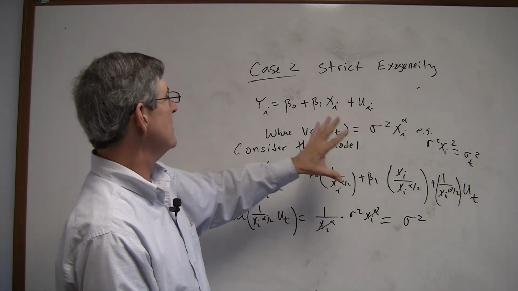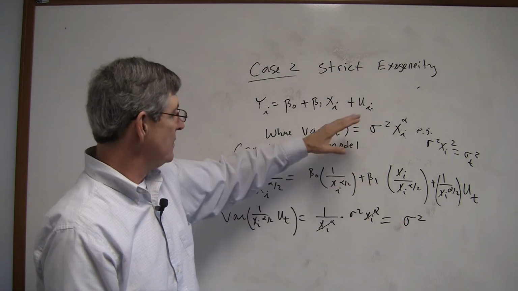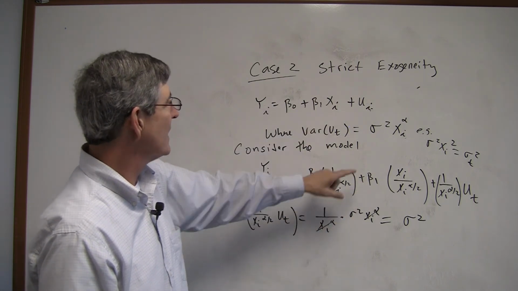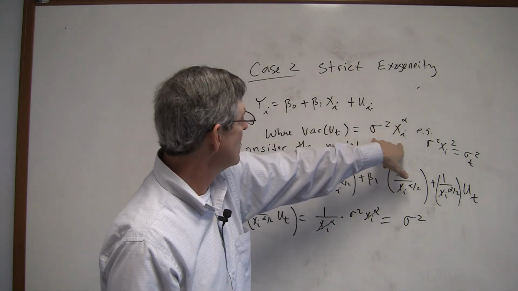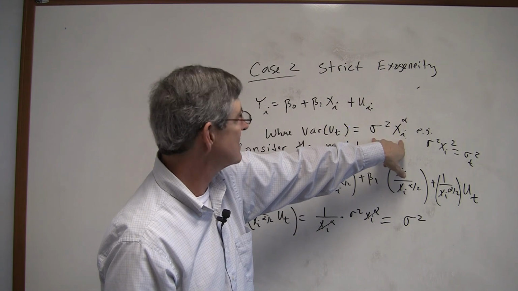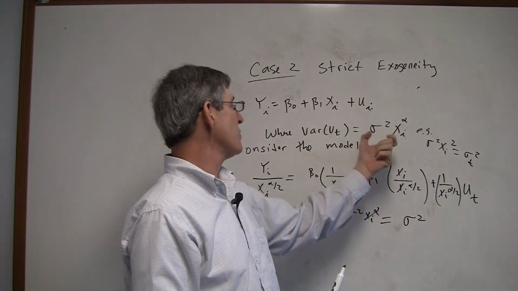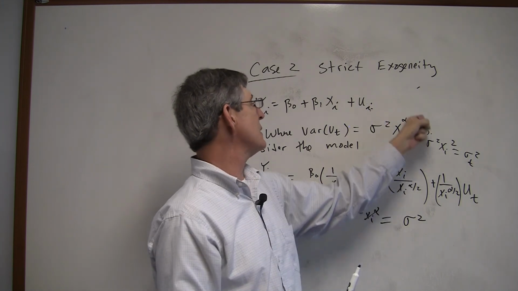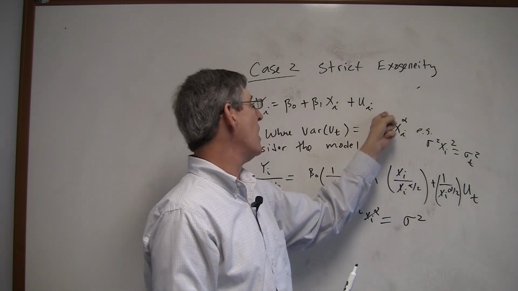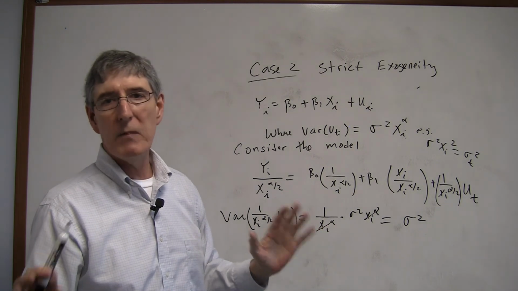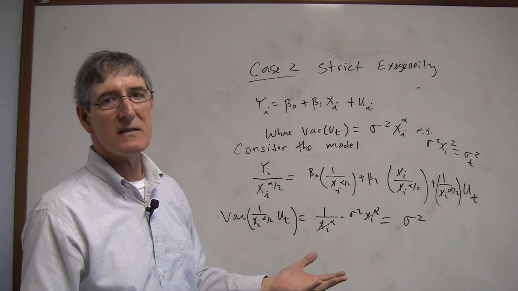Now, generally, the reason we've said just use HAC errors and we didn't really go through these techniques is because you usually don't know what this looks like. You just don't know. And you have to assume a model. And if you assume the model and it's wrong, say I assume this is what the heteroscedasticity looks like and I'm wrong, you're going to get a much worse outcome than if you assumed HAC errors.